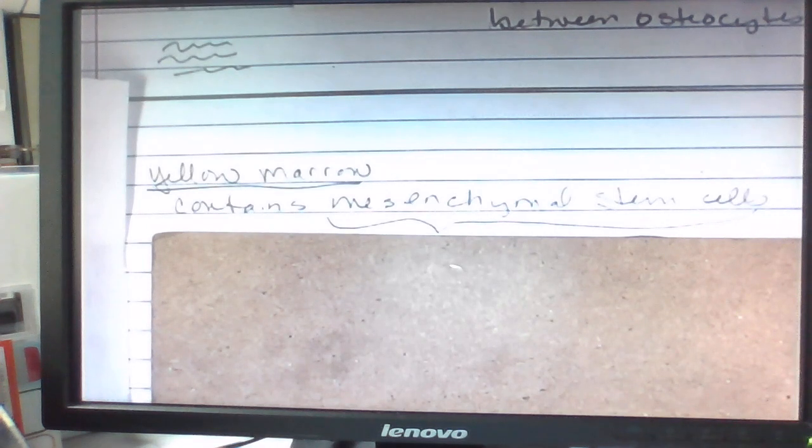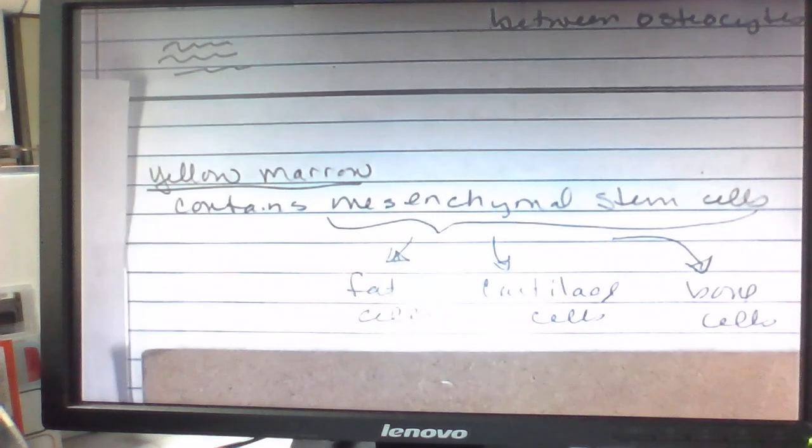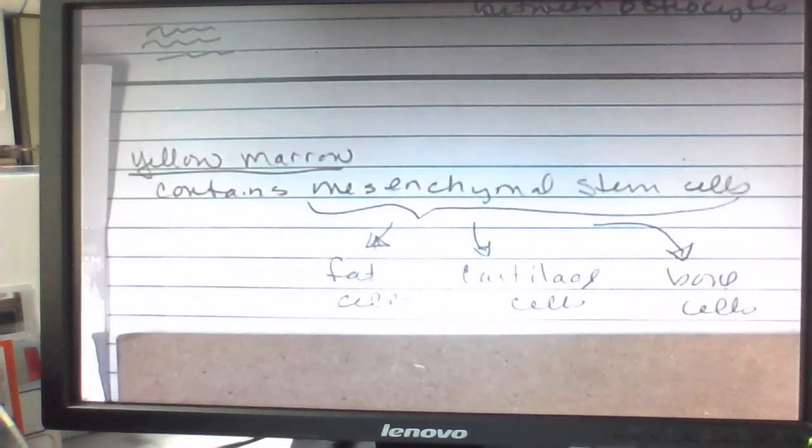Mesenchymal stem cells are a type of stem cell that can create fat cells, cartilage cells, or bone cells. So within yellow marrow, we have mesenchymal stem cells, and those stem cells can create fat, cartilage, and bone. So your yellow marrow is responsible for creating fat cells, cartilage cells, bone cells.